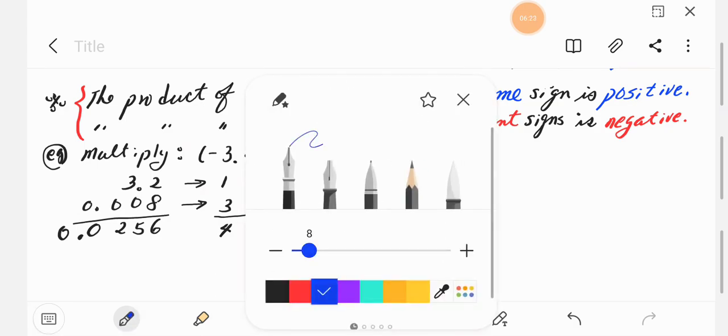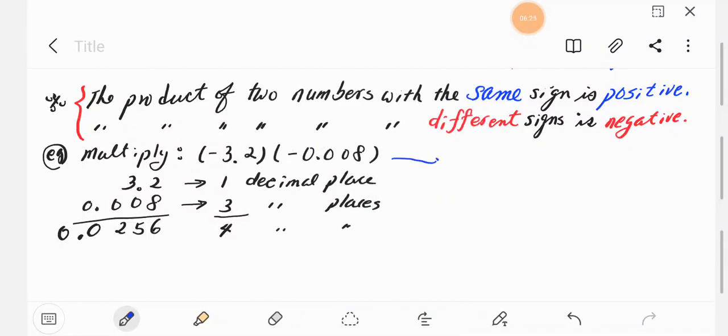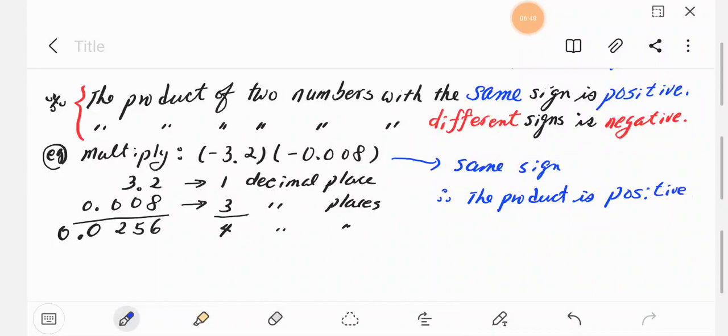So we can write it this way: same sign. So the result of this product is what? Positive, right? So this is the answer. This is the product, and this will be positive. So if one of these two numbers is negative, then the result will be negative, right?